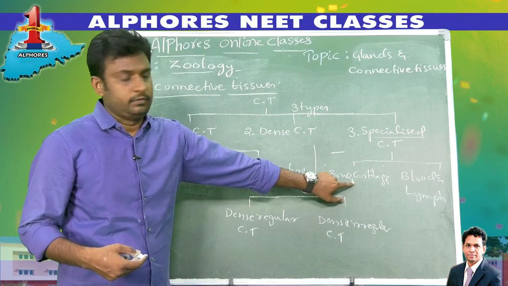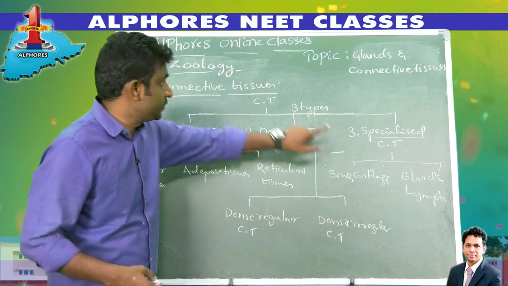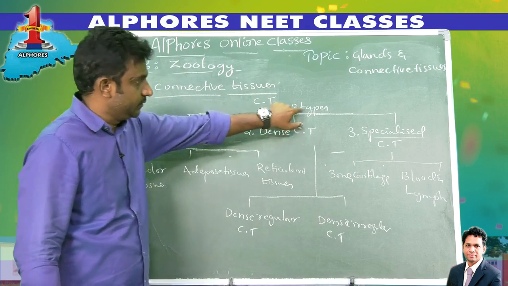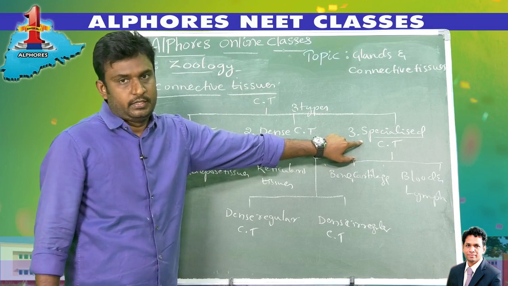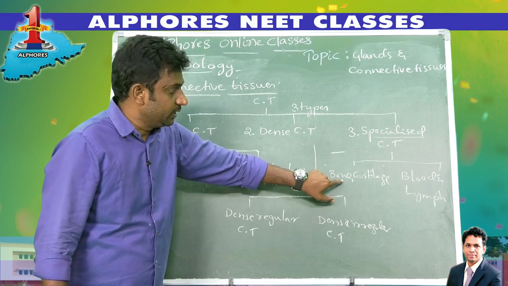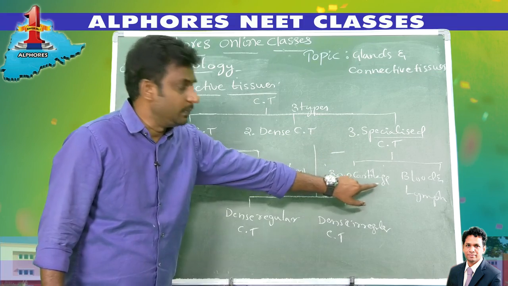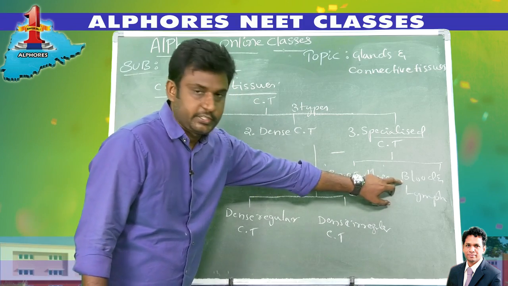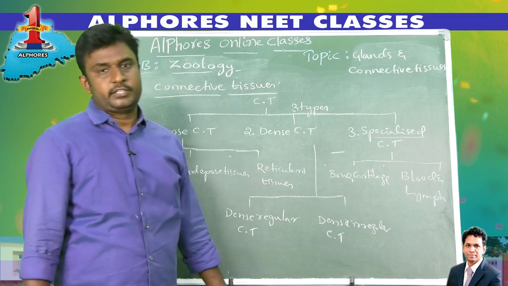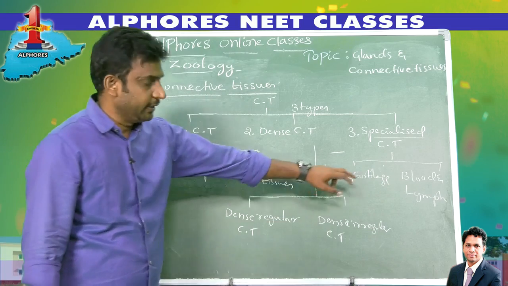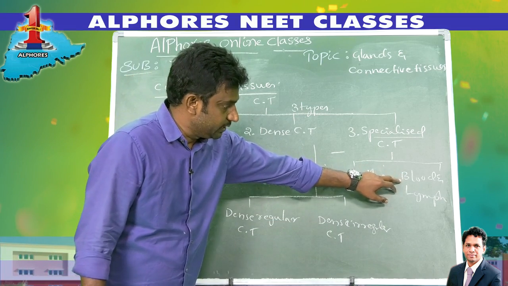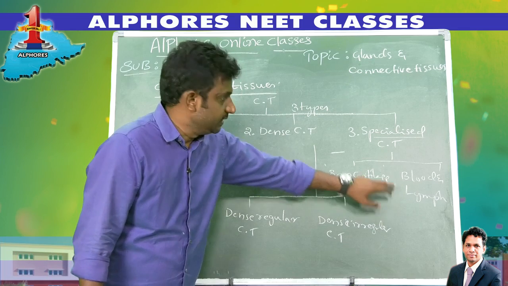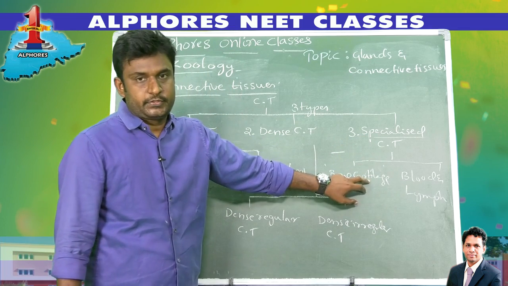Cartilage is soft bone. Bone and cartilage are also a type of connective tissue, which are special tissues. Blood is a fluid connective tissue. It is also one type of connective tissue, but a fluid one. Blood and lymph are special connective tissues.